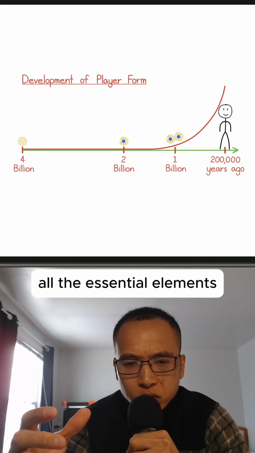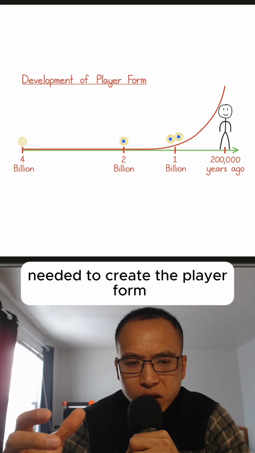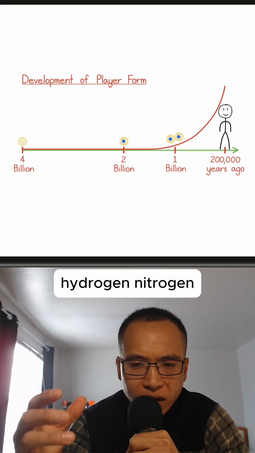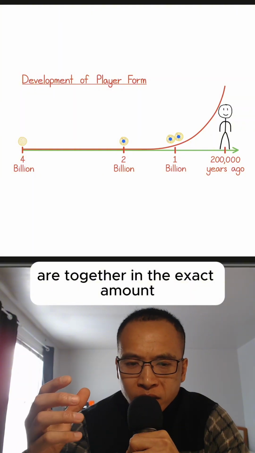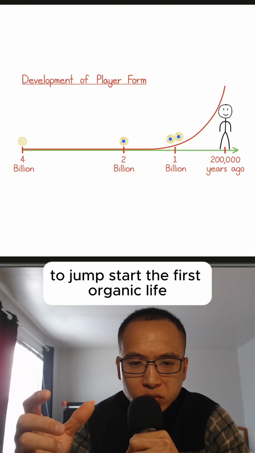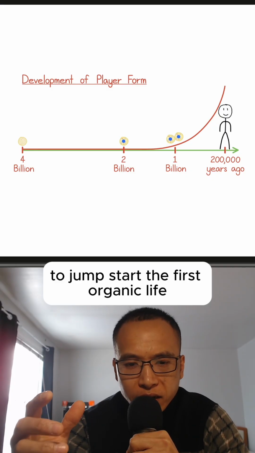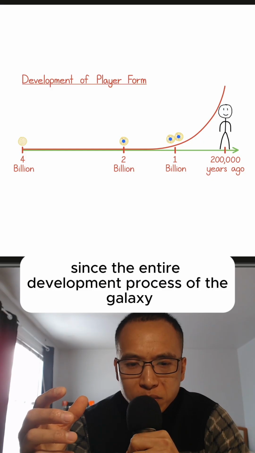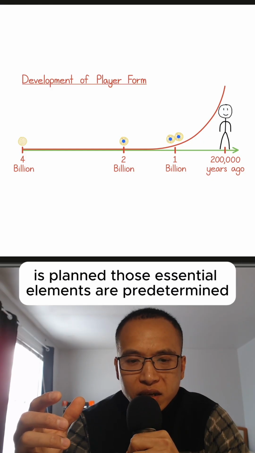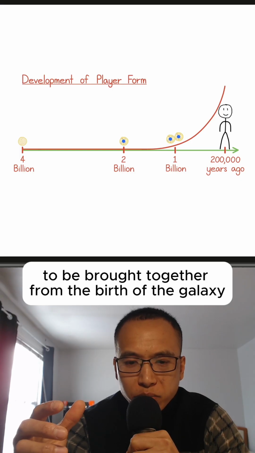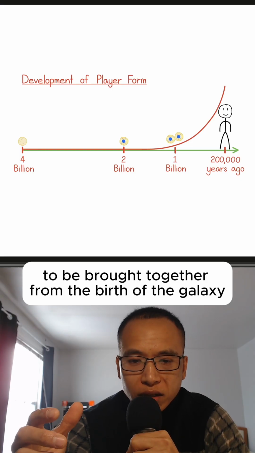All the essential elements needed to create the player form, such as oxygen, carbon, hydrogen, nitrogen, are together in the exact amount at one particular location to jumpstart the first organic life. As mentioned, since the entire development process of the galaxy is planned, those essential elements are predetermined to be brought together from the birth of the galaxy.